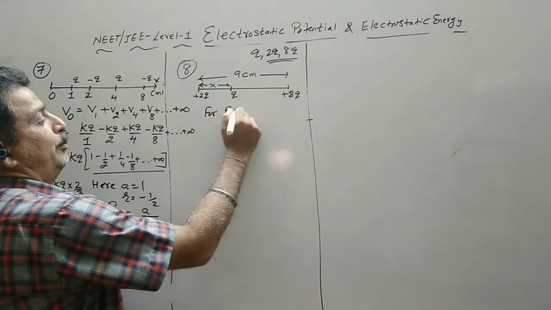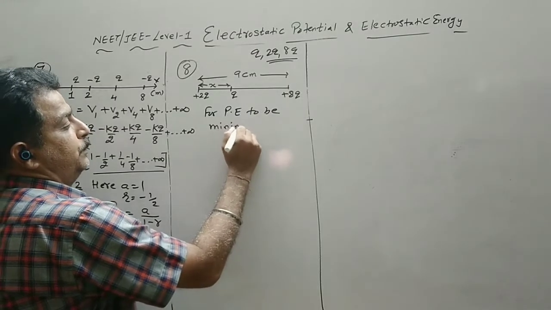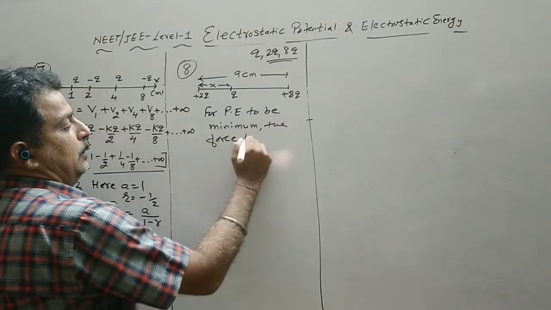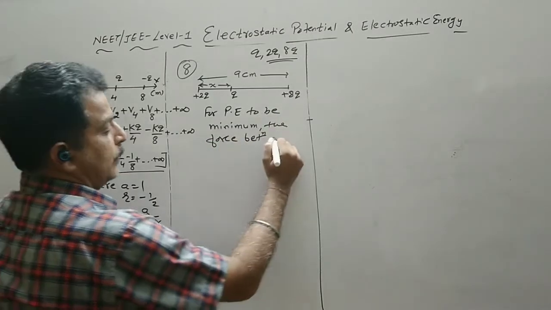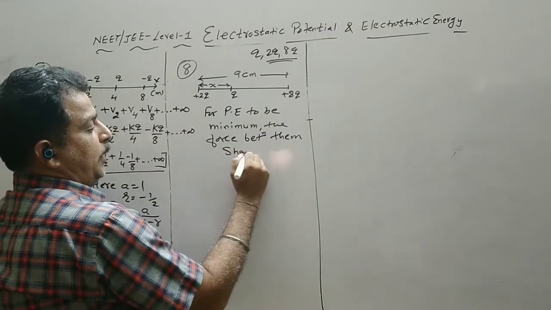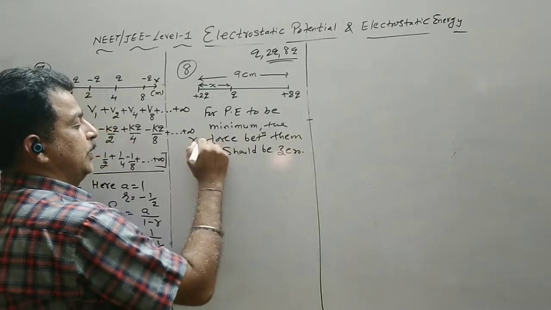For potential energy to be minimum, the resultant force should be 0.